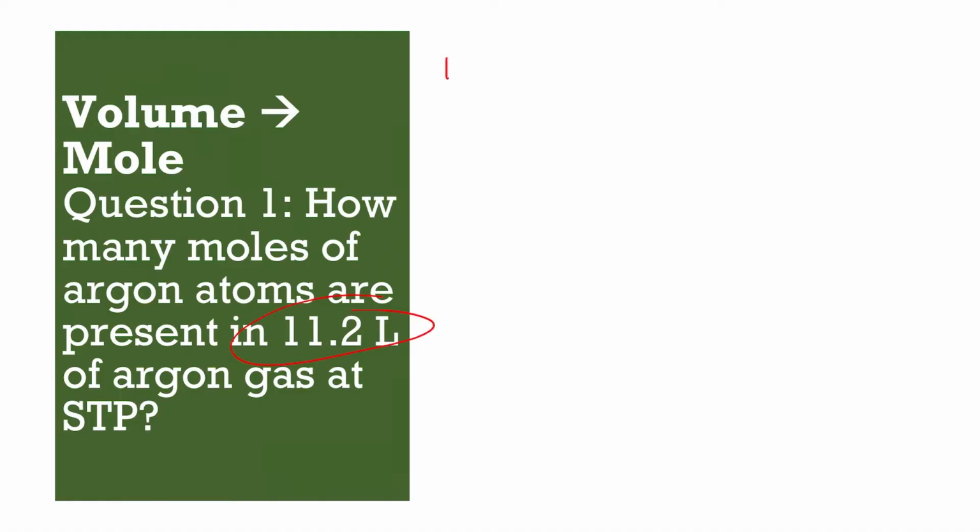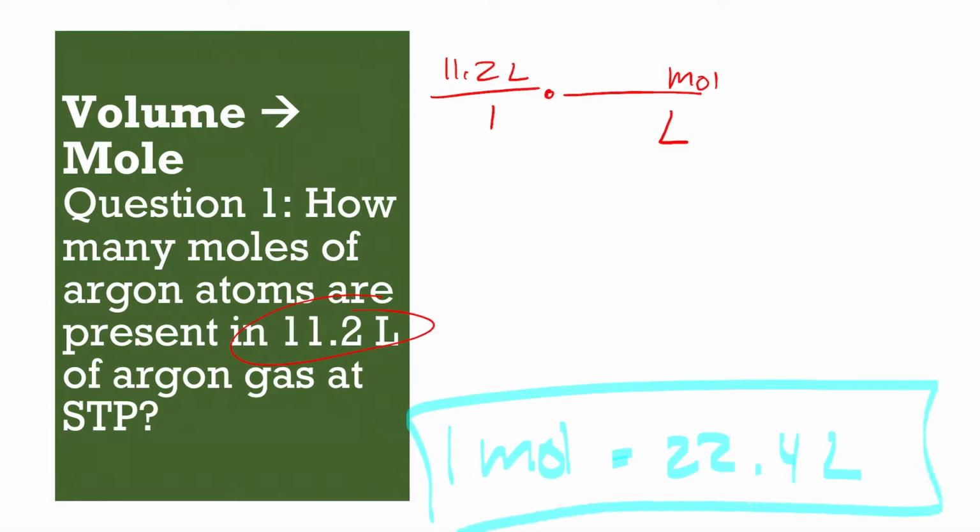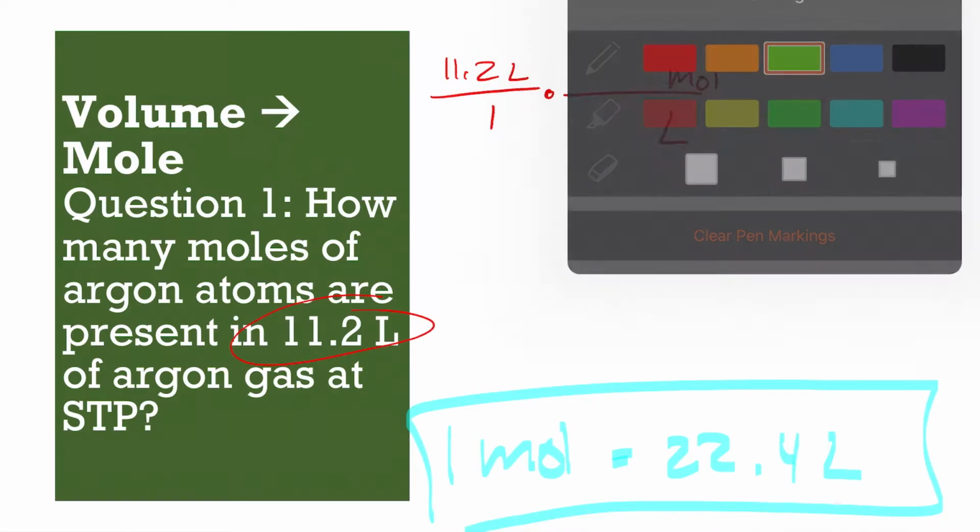So our given is 11.2 liters. Put your given over 1. You want liters to cancel, and we're going to moles. And we just learned, write this down here, 1 mole equals 22.4 liters. That is our conversion factor, so that needs to get into your head.